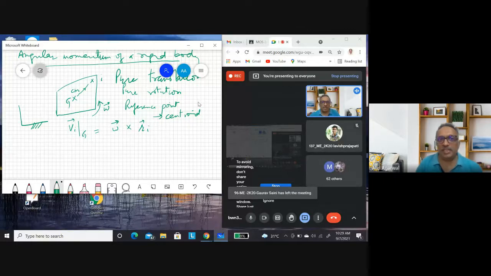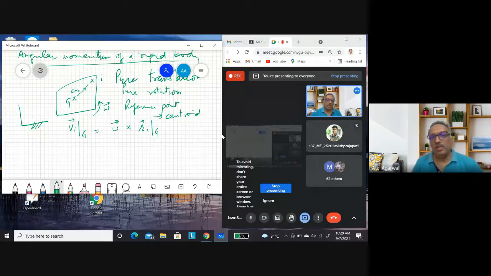Here I am measuring from point G. This vector R is measured from point G. It is a vector from G to I. So this is relative linear velocity of particle I with respect to particle G. So what is the absolute velocity of the particle?